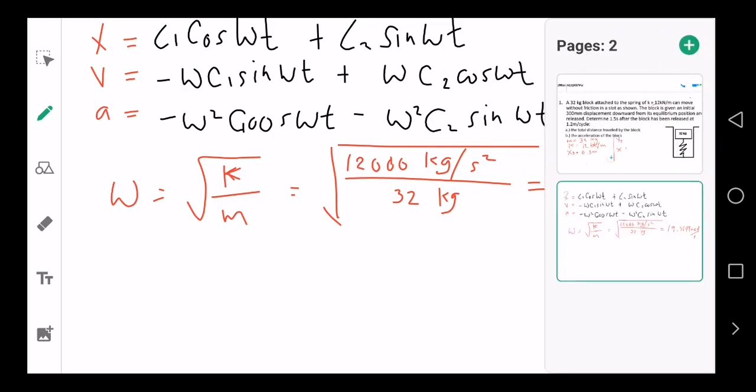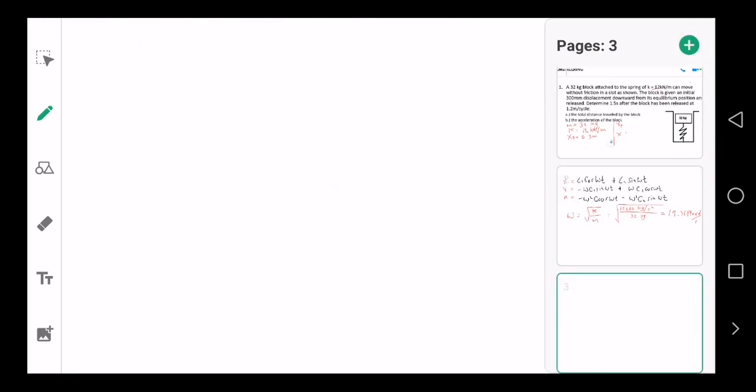Now, at the time 0, velocity would be also 0. Okay?